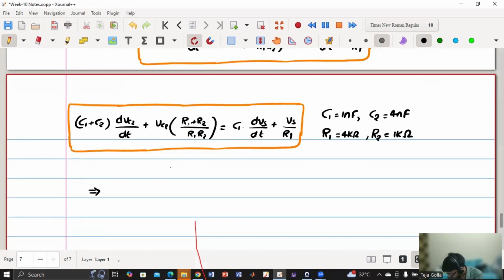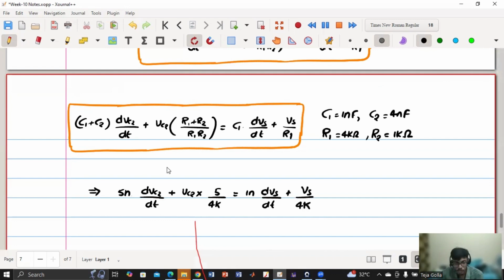C1 plus C2, 5 nano, into dVc2 by dt plus Vc2 into R1 plus R2, 5 by 4K in the denominator, equals C1, which is 1 nano, into dVs by dt plus Vs by R1, which is 4K.